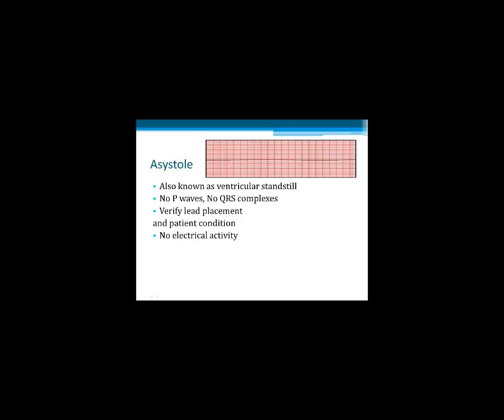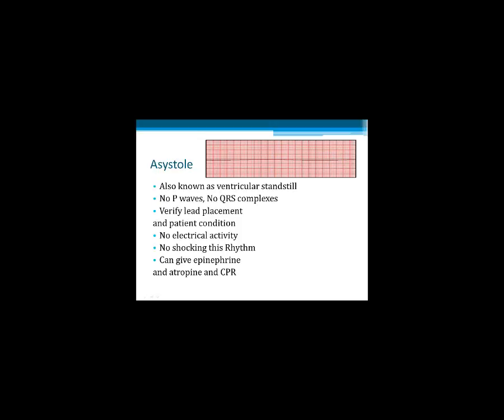But do we shock this person? No, you can't shock dead. You have to get something there to go on first before you can shock it. So what you're going to do is give them epinephrine and or atropine, usually epinephrine first. Then you'll do CPR to circulate the epinephrine and let it kick in. Usually the epinephrine will irritate the heart enough that you'll get some sort of electrical activity going on. Once you do that, then you can decide if the rhythm is a shockable rhythm or not.